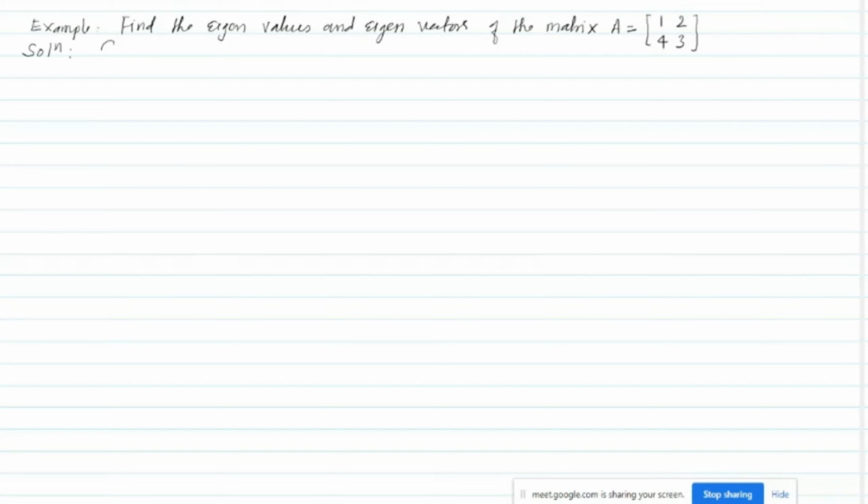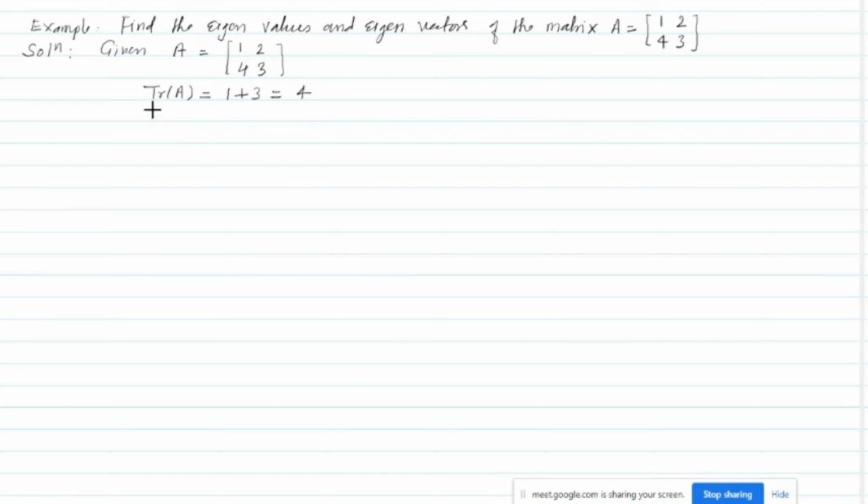So what is given to you, just write down. Given matrix A is equal to 1 2 4 3. Okay, what I have to do, have to find the trace of this matrix. So let us find the trace. Trace is what? Sum of diagonal elements, this one. So 1 plus 3, that is how much? 4.